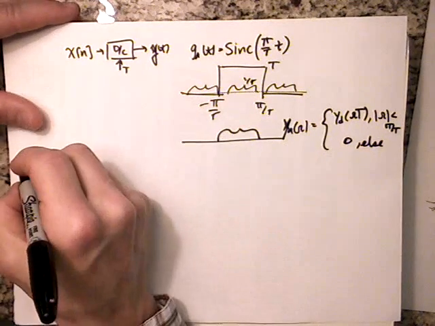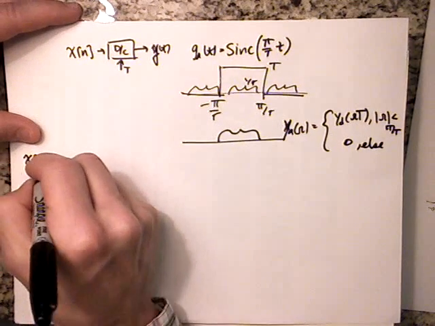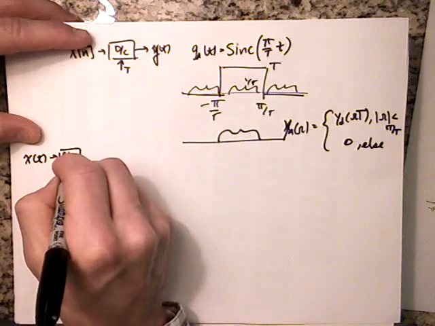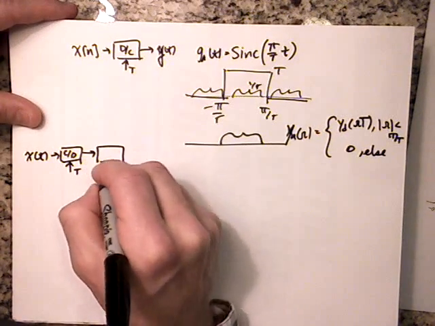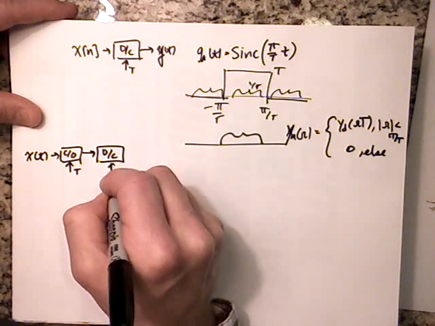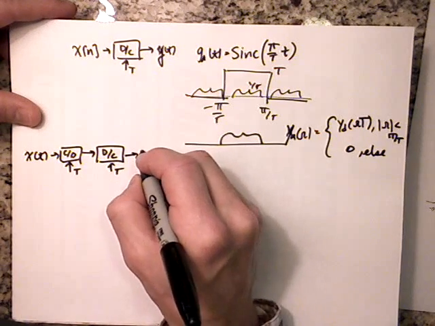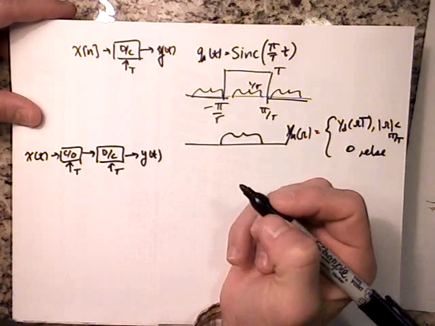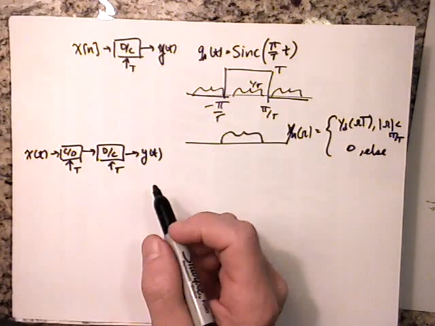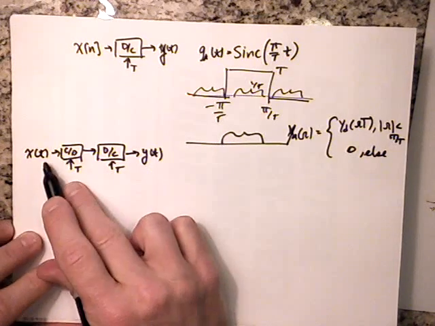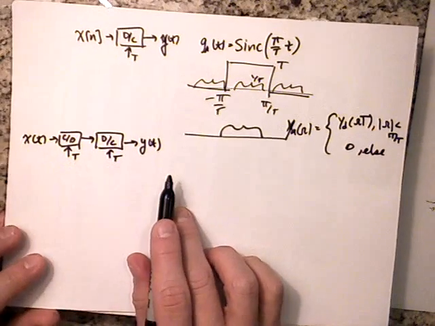So putting it all together, if I start with an analog signal, I sample it with an ideal C to D converter, and then I reconstruct it with an ideal D to C converter, then first I won't require that this be band limited. Let's figure out what the output would be.